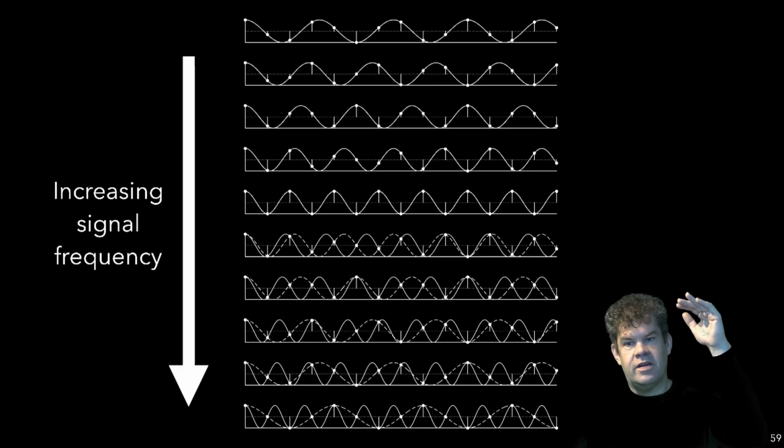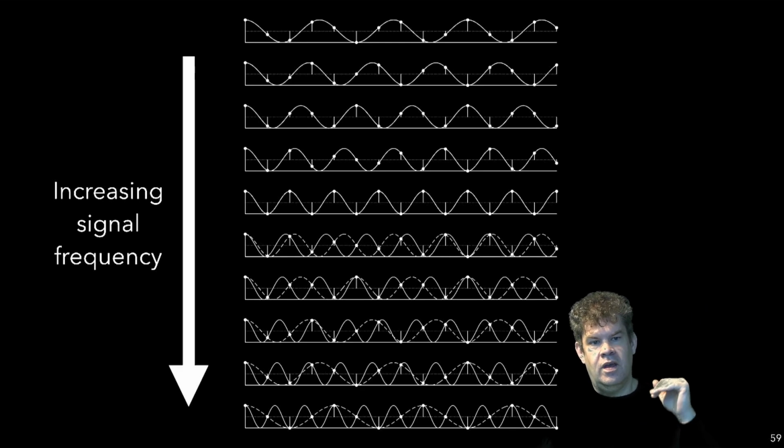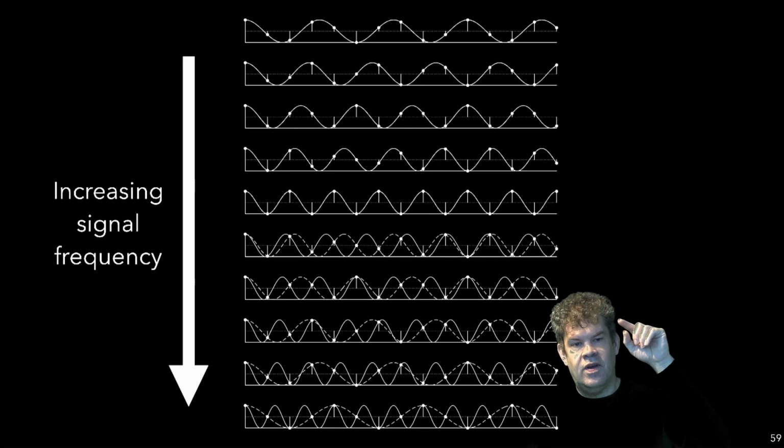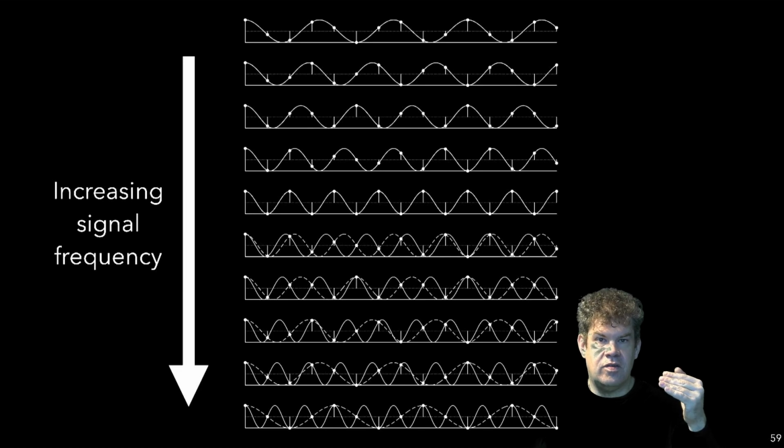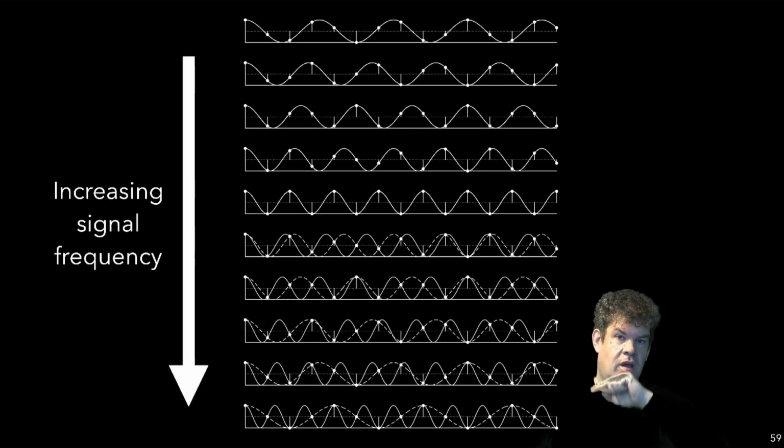Now what happens if I slowly increase the frequency? It'll work for the first 5 situations, up to this point where I have all the ups and downs sampled, which is exactly the situation where I have twice the sampling frequency. So I do 2 samples per oscillation.